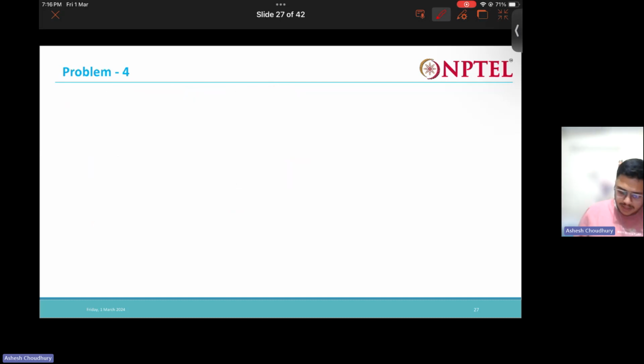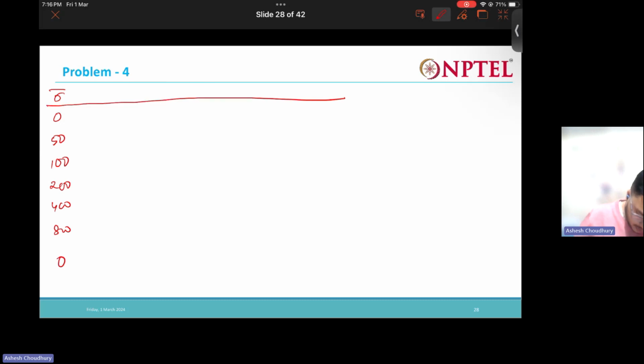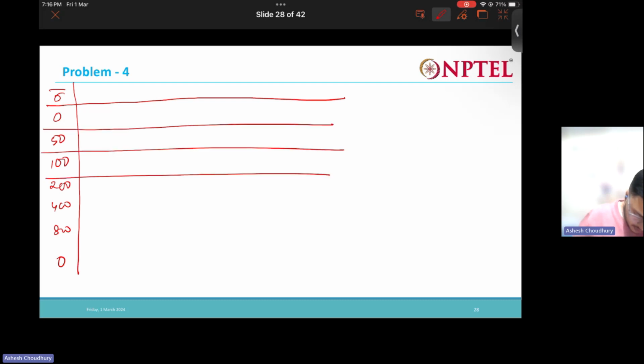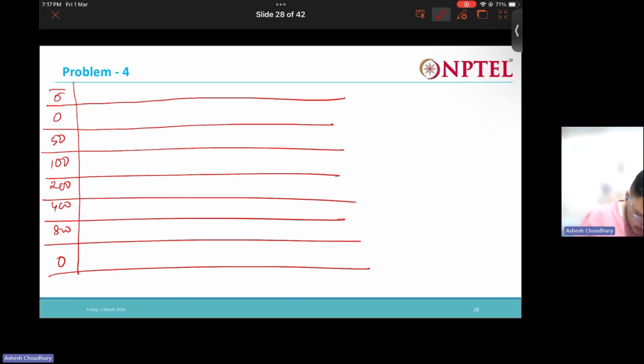Okay, so let us make a table and see. I am also getting confused. Let us make a table, then it will be clear. Then H. What is H? H is given, right?